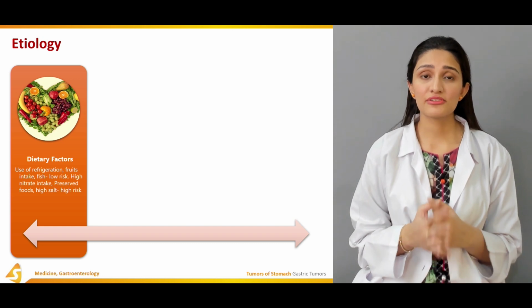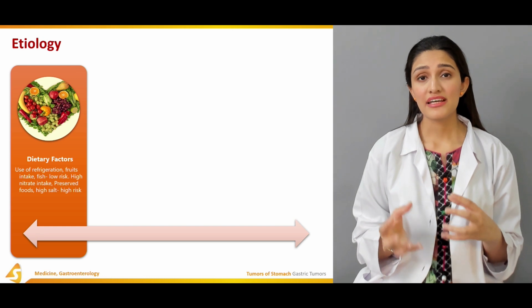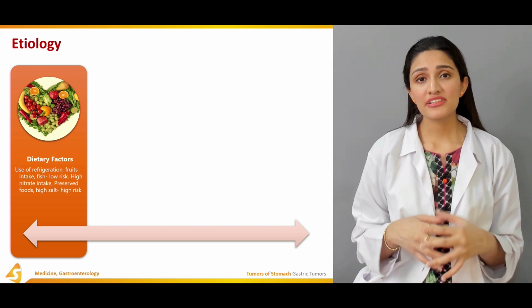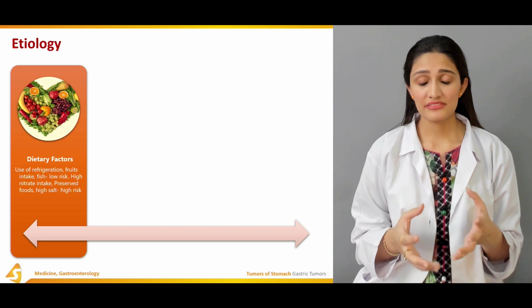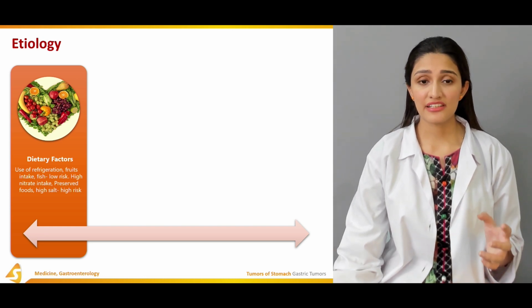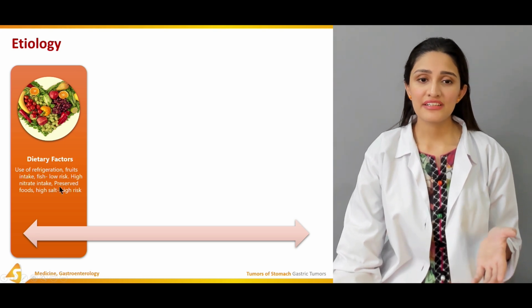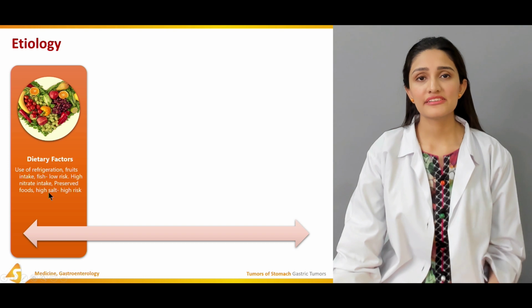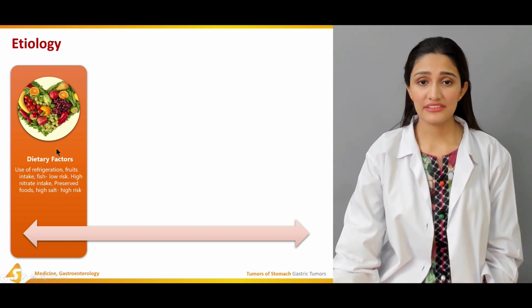And it can also help in the usage of bacteria to overcome the production of nitrites, which cause gastric cancer, which is very carcinogenic. So high intake of nitrate and preserved foods and high salt intake are all the high risk factors regarding the dietary factors.